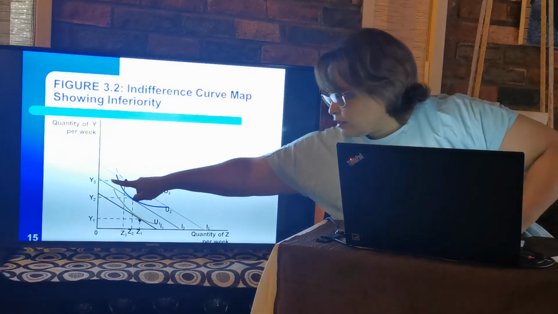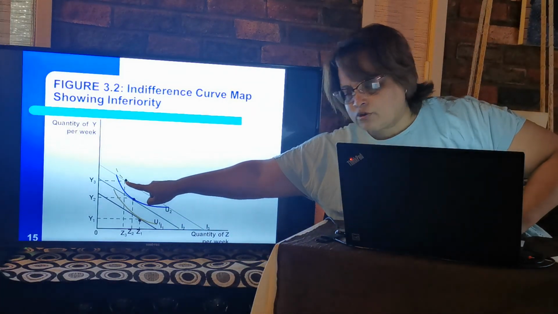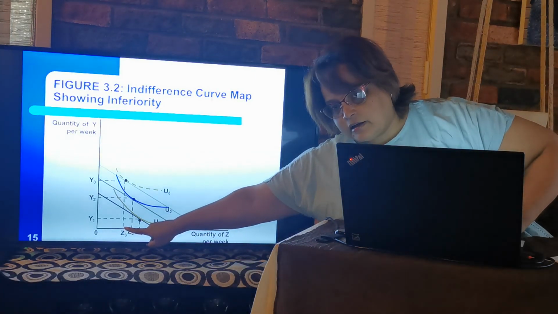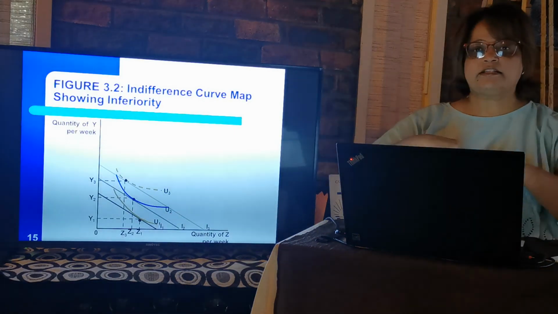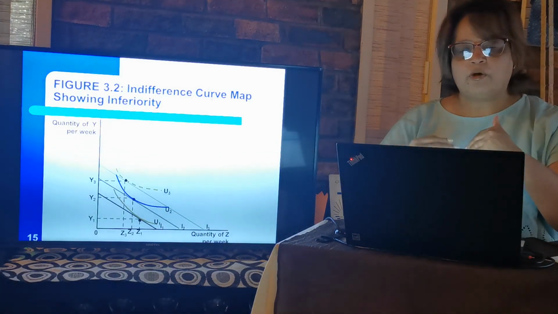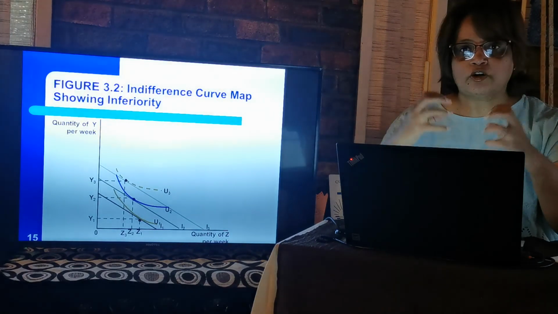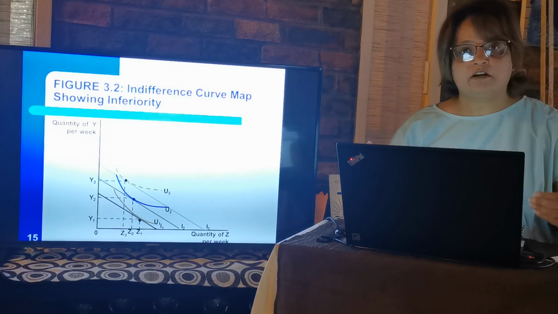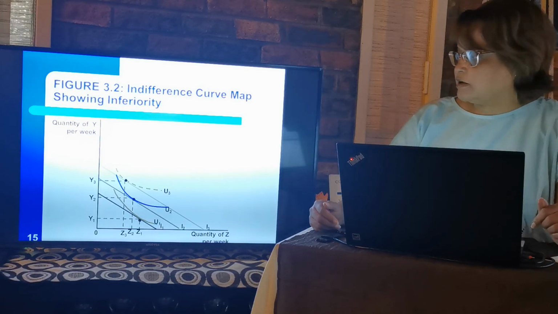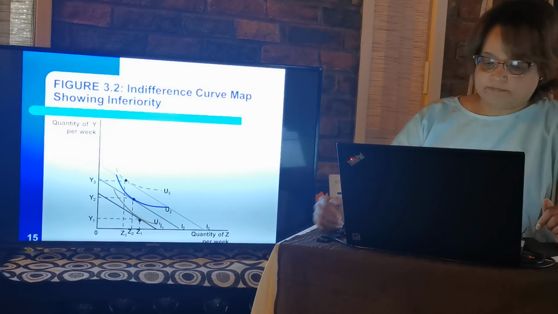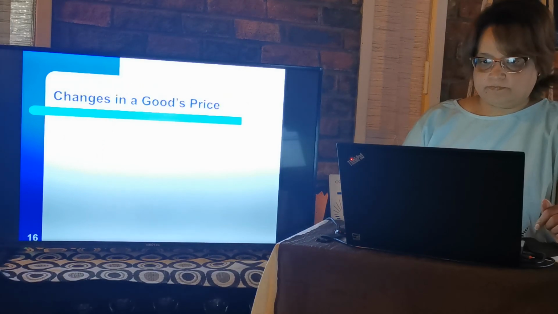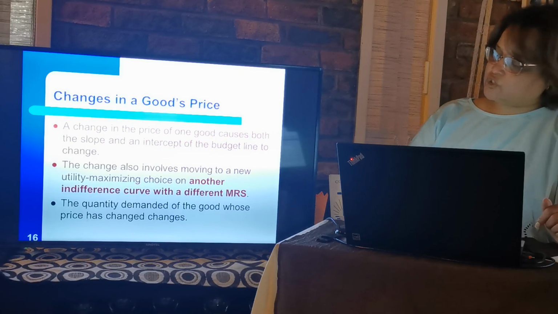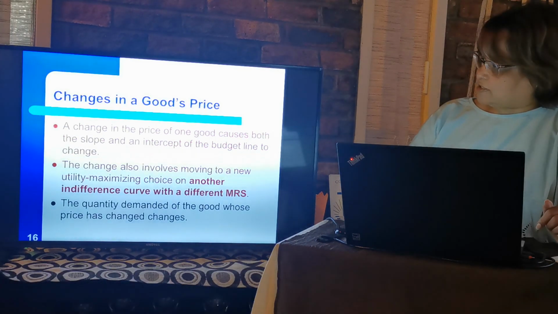Now I'd rather buy that amount of product Y as opposed to that amount of product Z. So as you can see, as income increases, your choices change, and the combination of these choices leads up to an indifference curve. An indifference curve maps out the differences in your choices. The quantity demanded of the good whose price has changed changes.